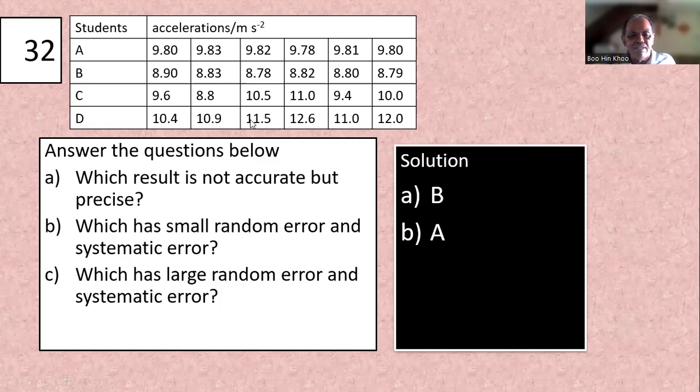You can take the mean value around 11, so it's very far away from 9.81. So it has large random error also. Largest is 12.6, the smallest is 10.4. So the answer is D.